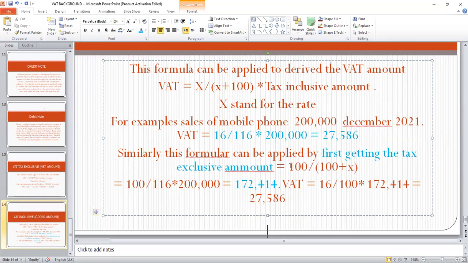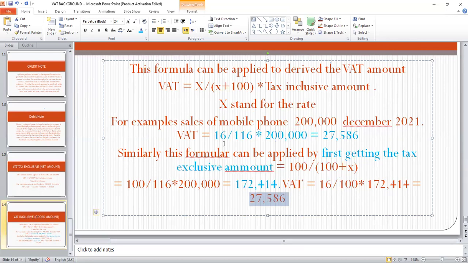You first get the tax exclusive amount by taking 100 over 100 plus the rate. This rate was 16, so 100 over 116, multiplied by 200,000, then you get the exclusive amount. Then just get the VAT by taking 16 over 100 times that. So the VAT is just the same, 27,586.